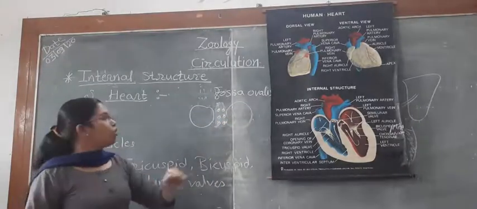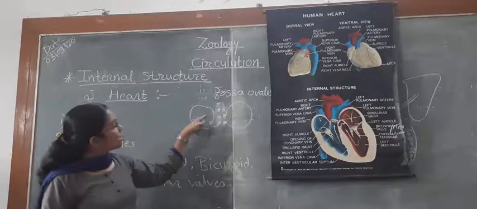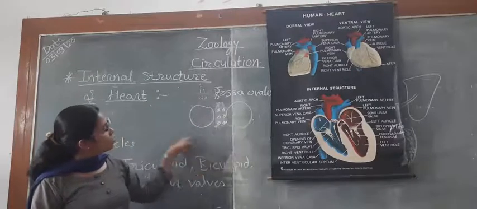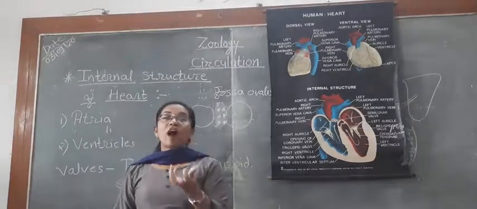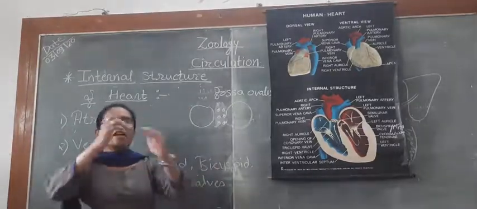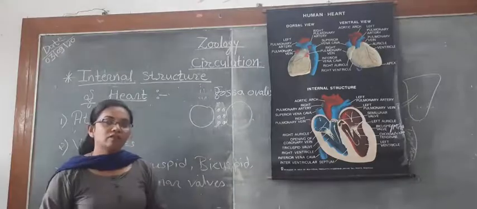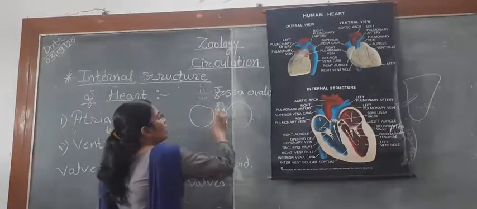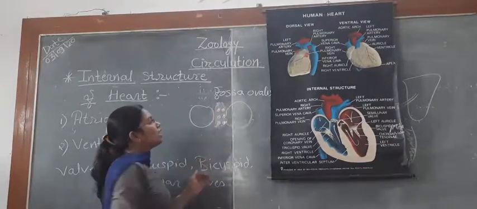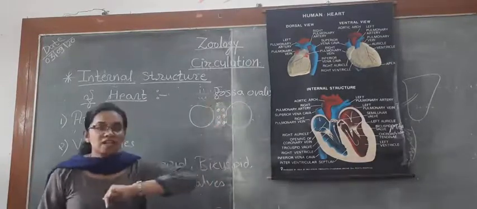So in the embryo the blood directly flows from right to left and from left to right through this hole. But after the completion of heart development, the atria and ventricles are separate from each other. So this oval depression is nothing but the closed opening, and we call it the fossa ovalis.